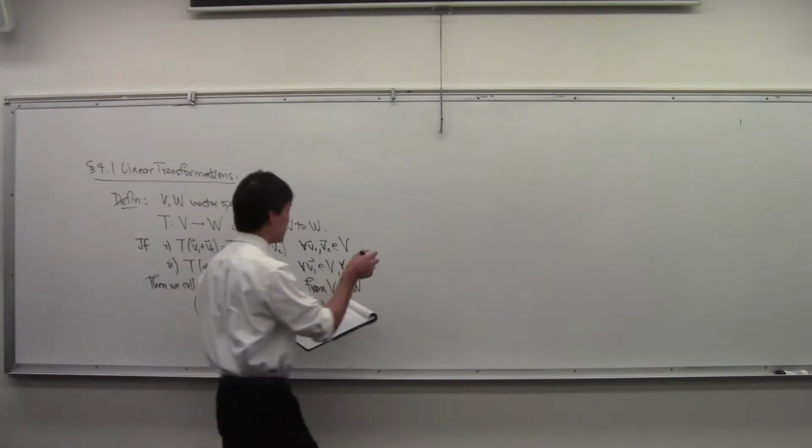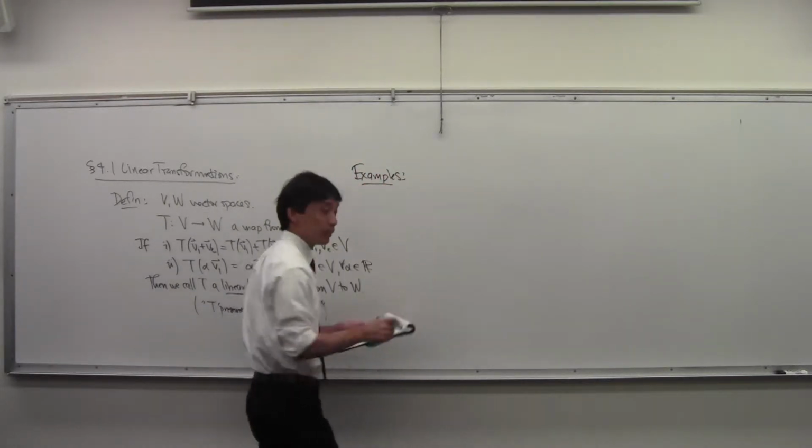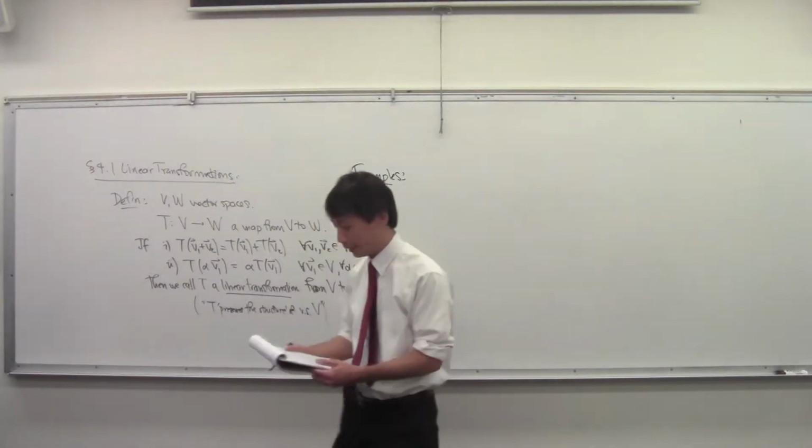Okay, so that's pretty abstract. Let me give you some concrete examples that will show you that you're pretty familiar with what a linear transformation is already. It's actually nothing alien.